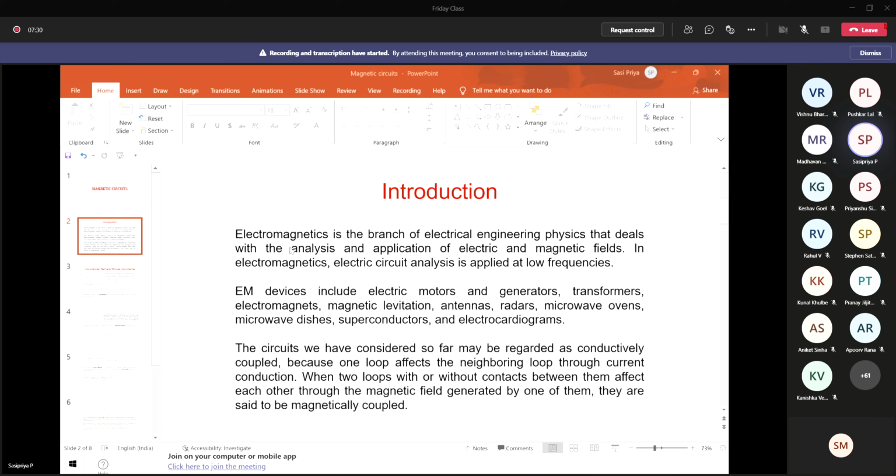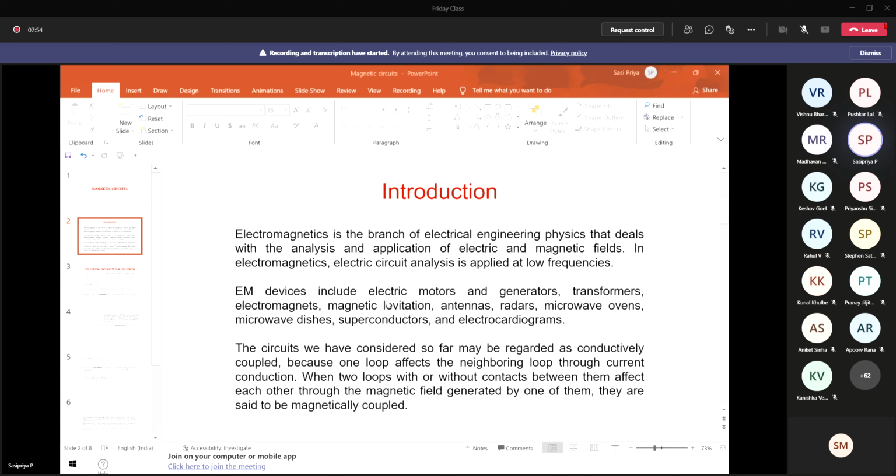When there is a change in the current, the magnetic flux will also be produced. This is going to generate an EMF also, which you have learnt as the induction principle, right?